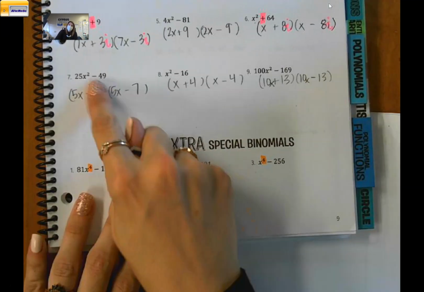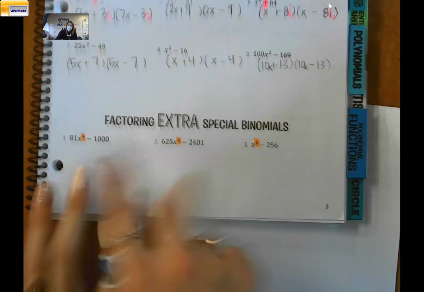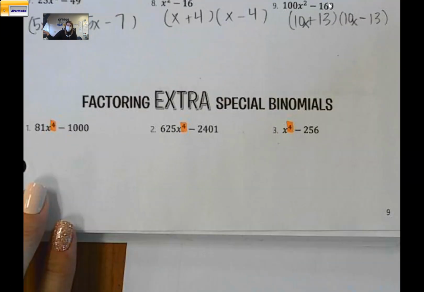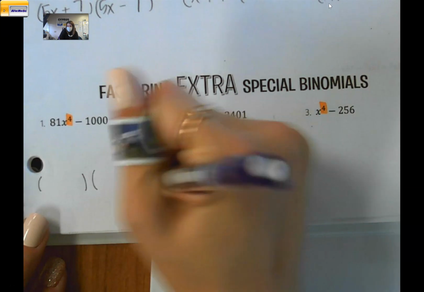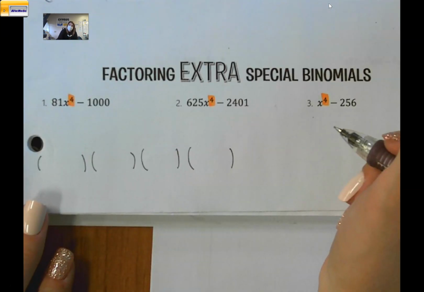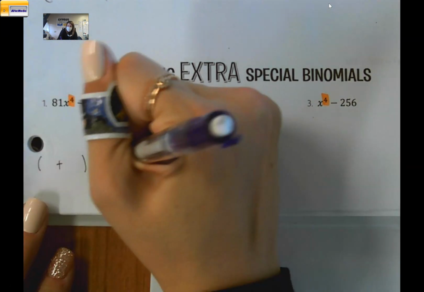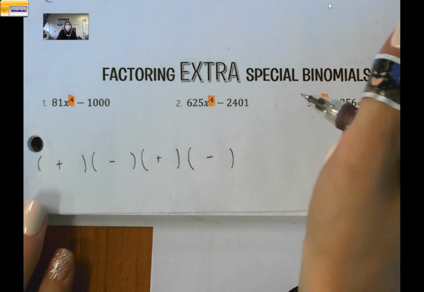So up here, you have a squared, and that turned into 2 binomials. Down here, you have the 4th power, so that turns into 1, 2, 3, 4 binomials. They're going to be a plus minus and a plus minus.